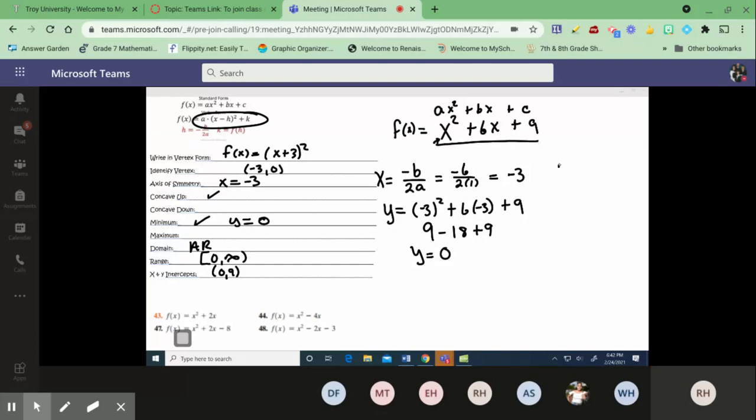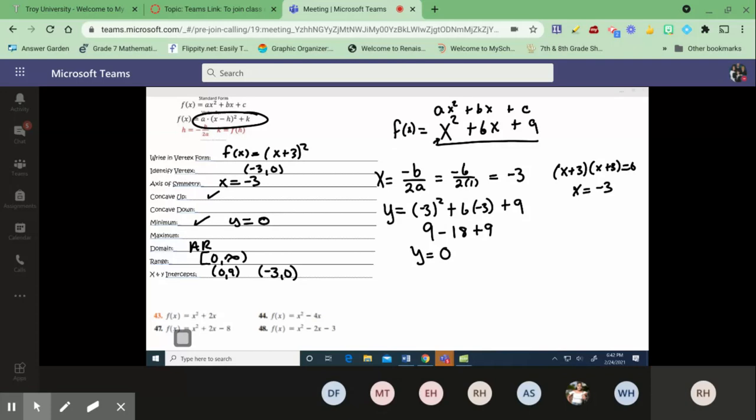Get a 9 that will add to a 6. So x-intercept is negative 3. Yes?